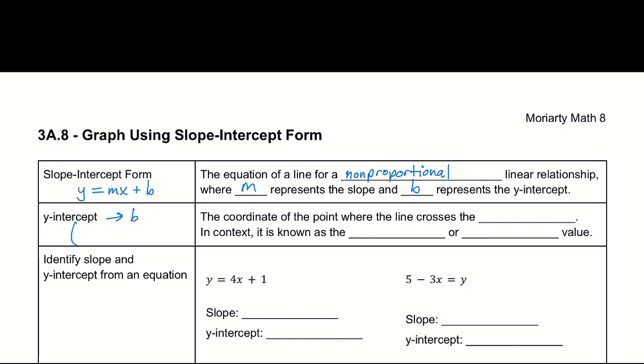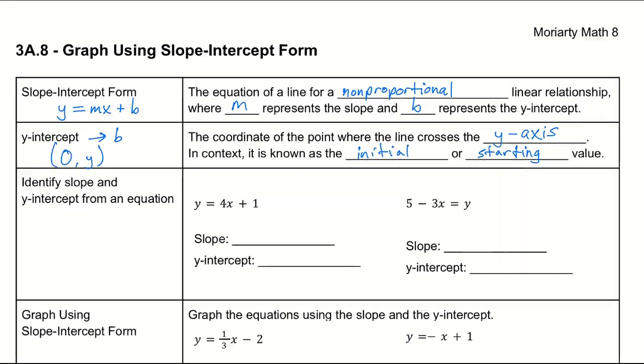Remember that it's an ordered pair where x is always 0, and it's the coordinate of a point where the line crosses the y-axis. It's the initial or starting value. Okay, so this is stuff that we did Friday.